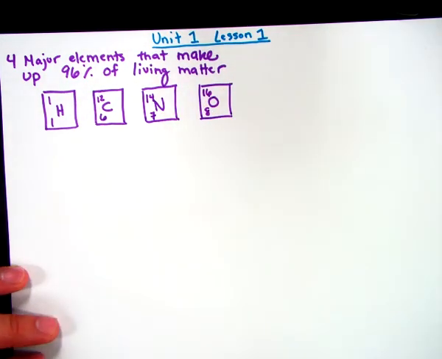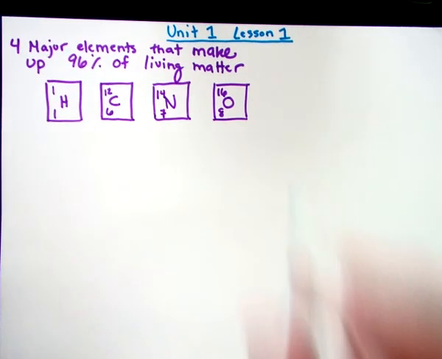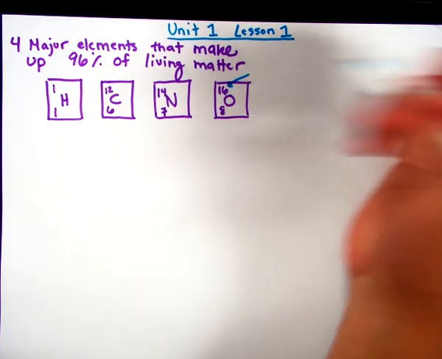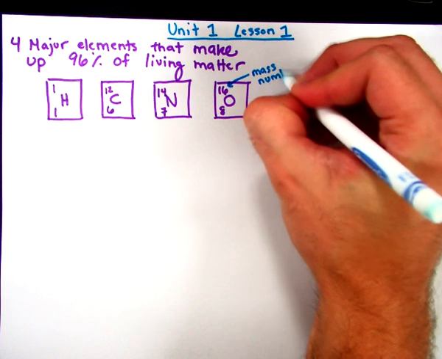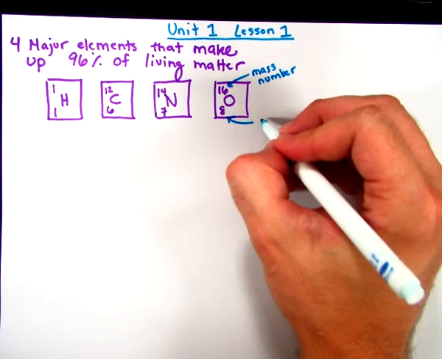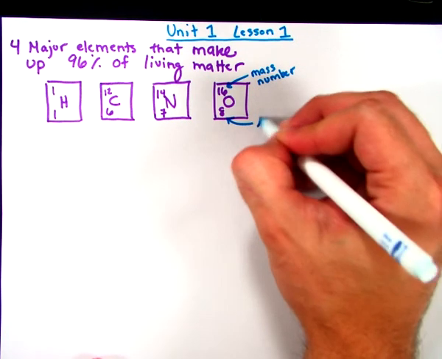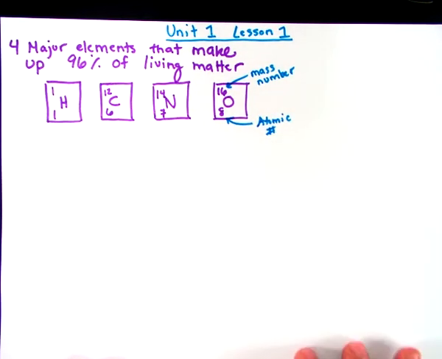Okay. You also learned, like we went over this morning, that on the periodic table we can find the mass number and the atomic number, which tells us about the atoms of that particular element.